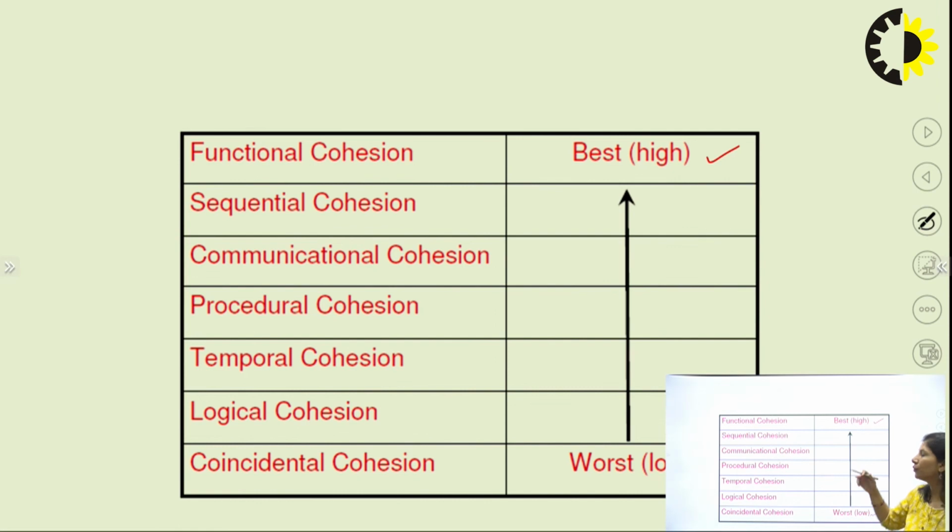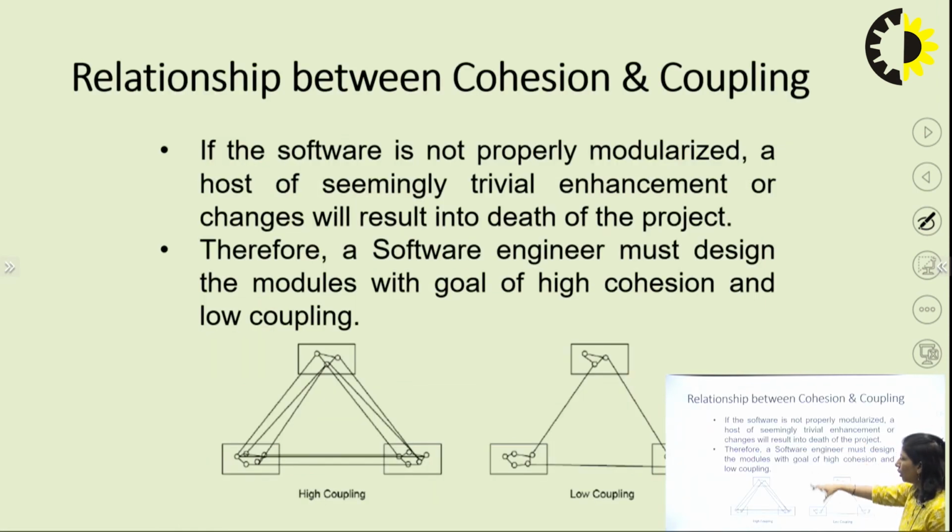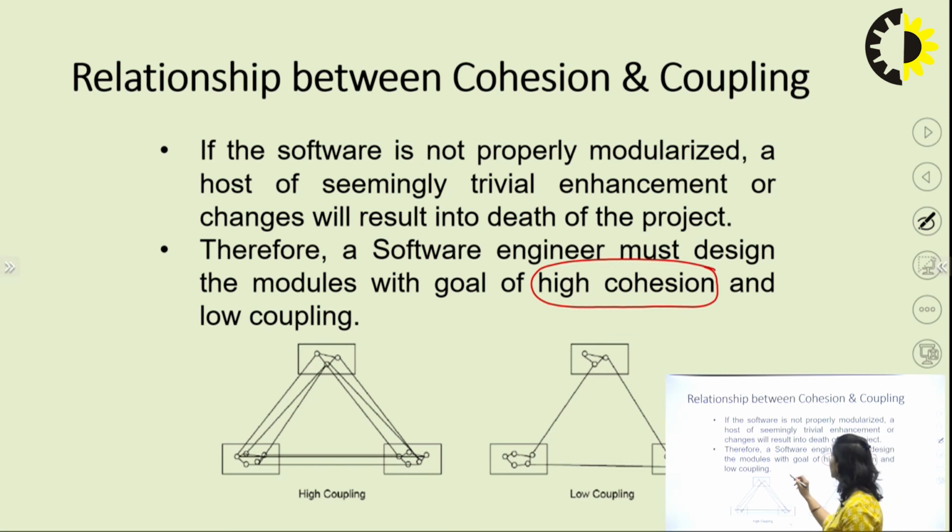The communication from one module to another module should be low. So we have identified the relationship between cohesion and coupling. If the software is not properly modularized, a host of seemingly trivial enhancements or changes will result in problems for the project. So the software engineer must design a module with the goal of ensuring high cohesion and low coupling. It is the objective.